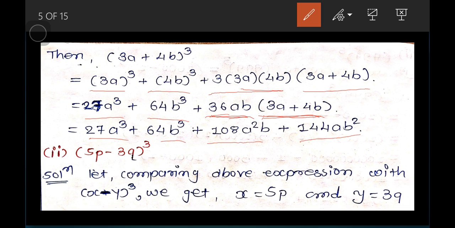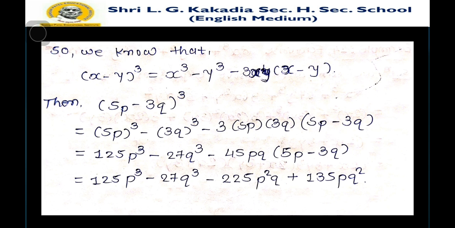Now the other cube that we expand, the second one, is (5p - 3q) whole cube. Comparing the above expression with the identity (x - y) whole cube, we get x = 5p and y = 3q. Let us put these values in the identity.